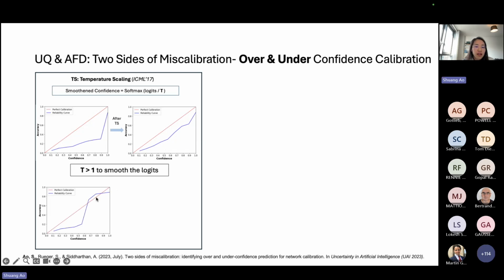Then how about the underconfident class? What will happen if you apply the temperature scaling in this part? Actually it makes the underconfidence situation worse. So we need a method that can tackle both under- and overconfidence issues.